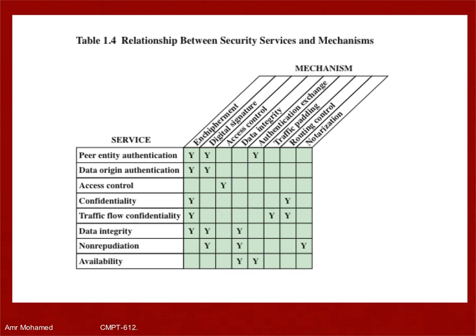But in order to provide, for example, data integrity, we have data integrity itself. It also serves non-repudiation. As we will see later, these digital signatures can in fact be used in certificates to allow for non-repudiation and so on. But data integrity as a mechanism refers to possibly two things that can be done.